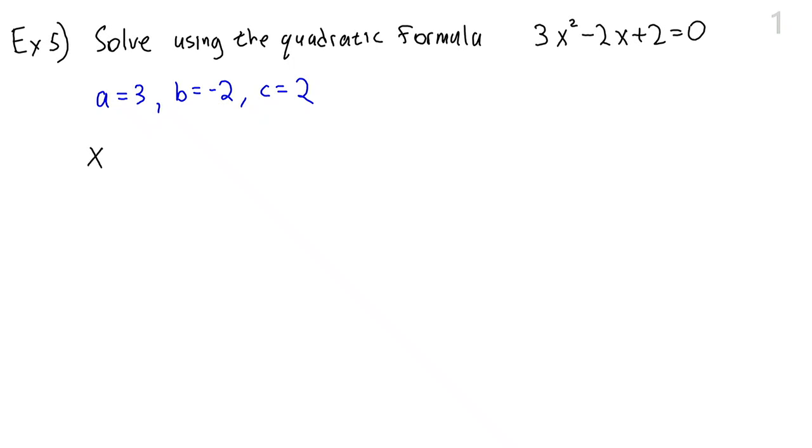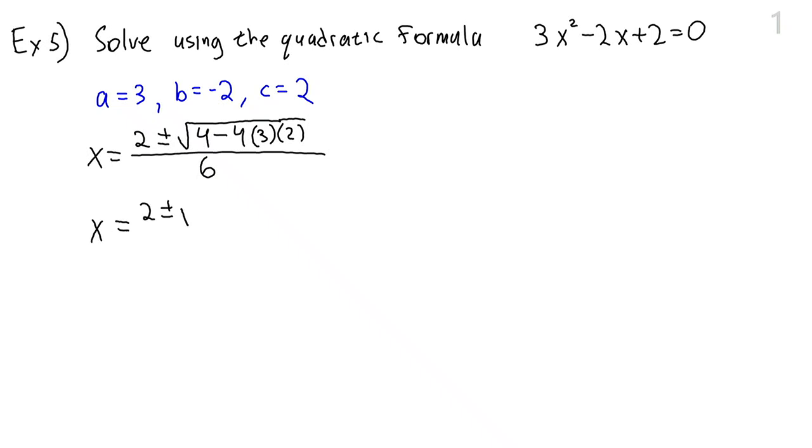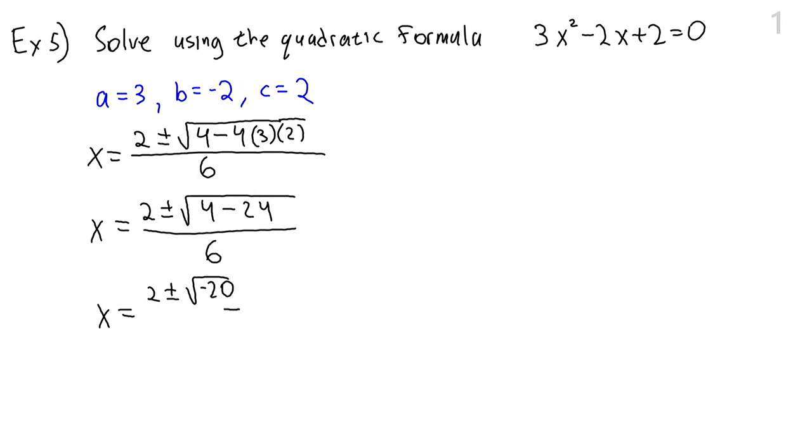So the solutions using the quadratic formula become minus b, so 2, plus or minus b squared, which is 4, minus 4 times 3 times 2, divided by 2a, which is 6. So this becomes 2 plus or minus square root of 4 minus 24 divided by 6, which is x equals 2 plus or minus square root of negative 20.